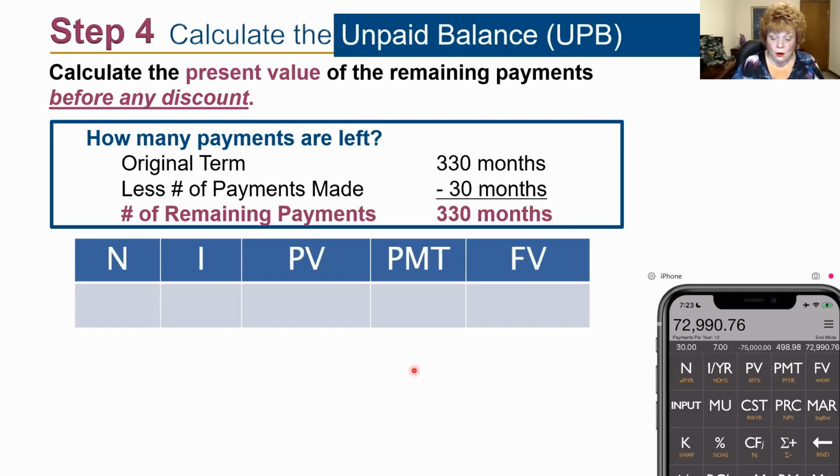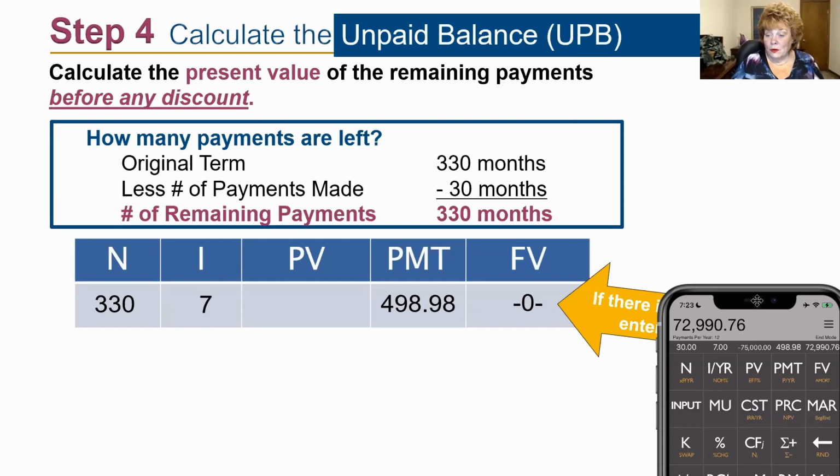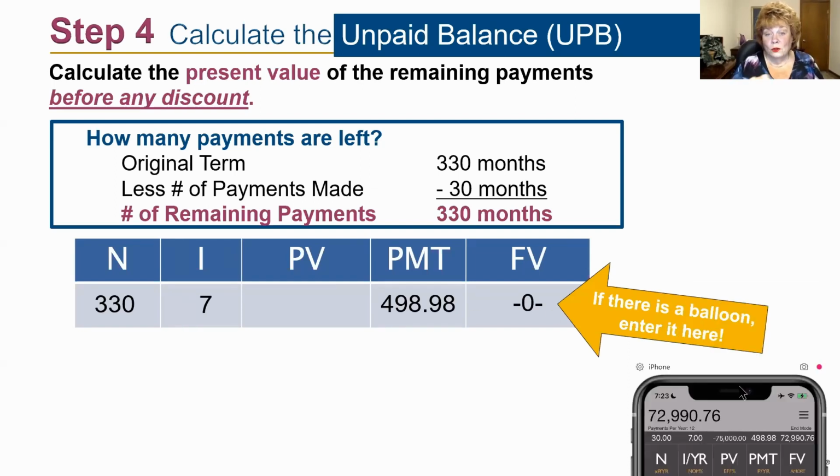So we are going to put that into N. And we already know that we have interest of 7%, and we're going to be collecting payments of $498.98. And there's no balloon. Now, if there was a balloon, you would put that balloon amount into FV, but there isn't. So we've got 0. So now all we're going to do is just solve for PV.